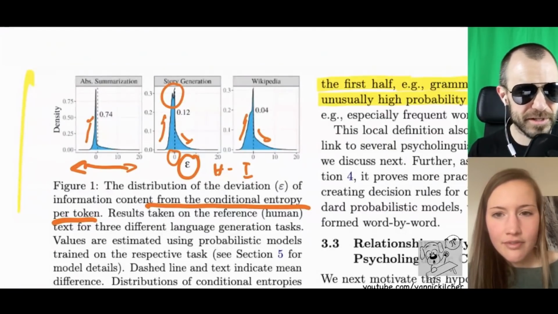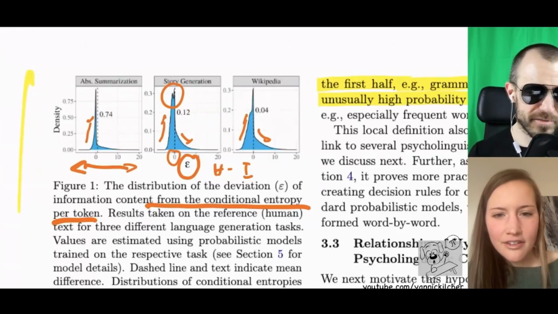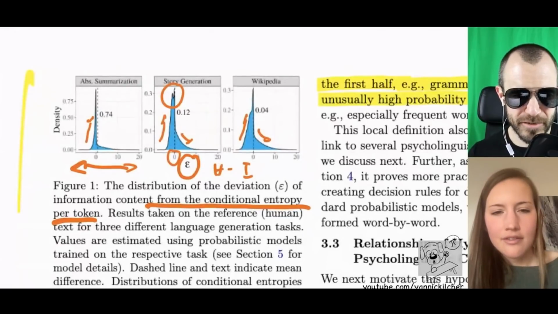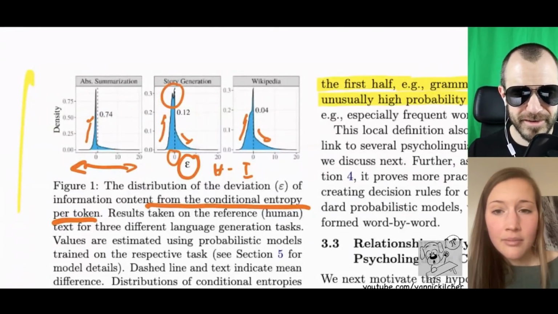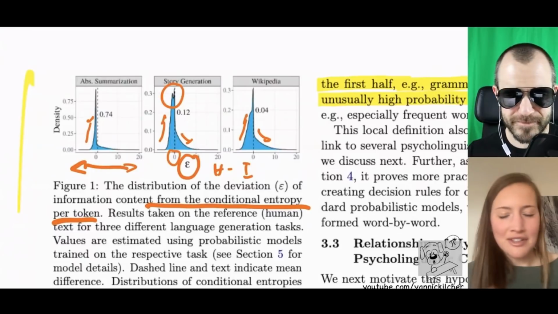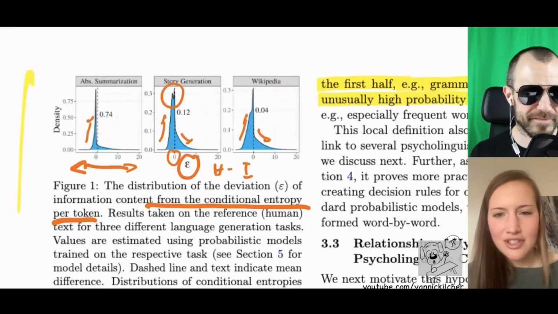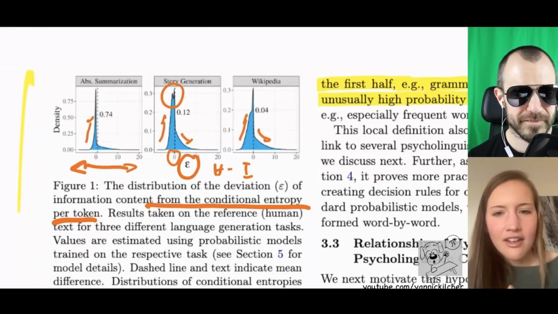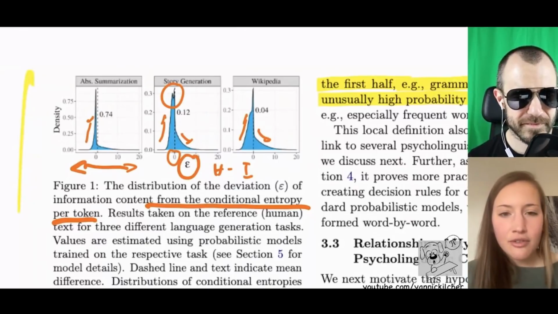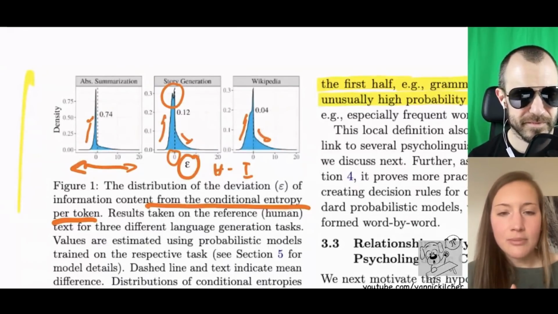And did you investigate the outputs of your model and redo those plots on the output of your model and observe the same pattern? Yeah. That's something we did as well. We looked at a few different decoding schemes and saw what these distributions looked like for the outputs of those decoding schemes.